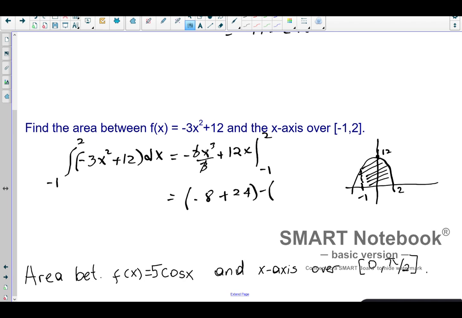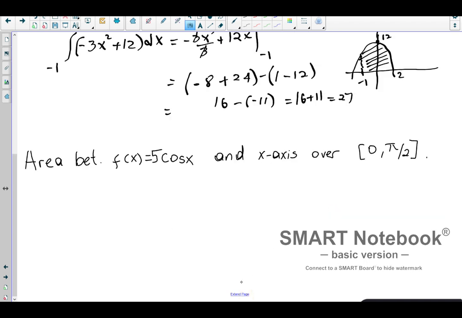Now -1 cubed is -1, and 12 times -1 is -12. So here I get 16 minus, and then 1 minus 12 is -11. So it really turns out to be 16 plus 11, or 27. So that is the area under the given region, 27.